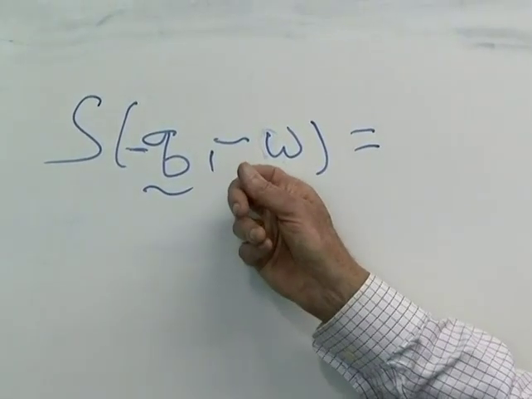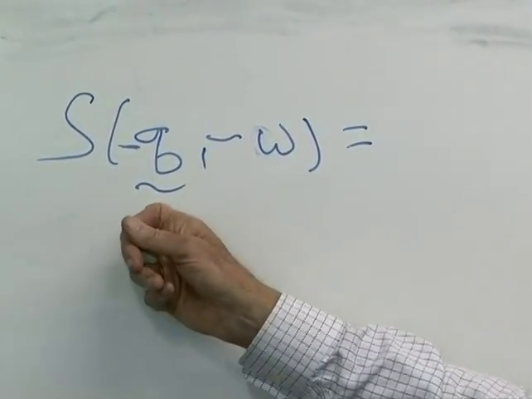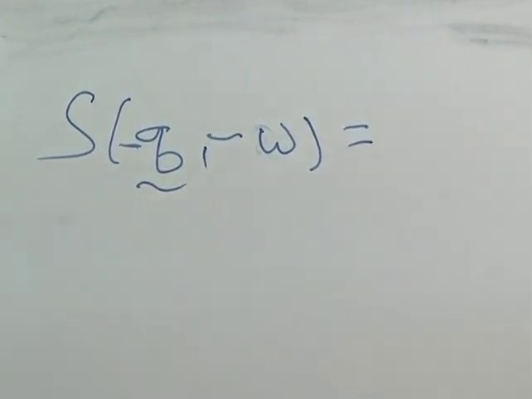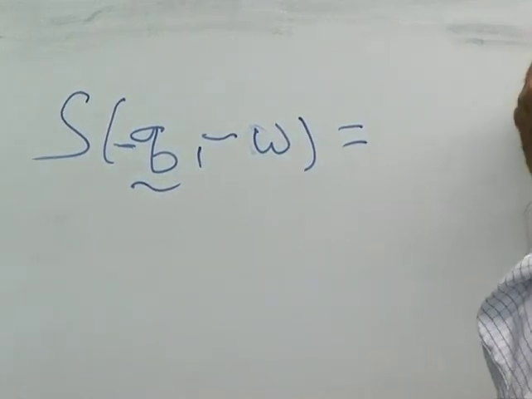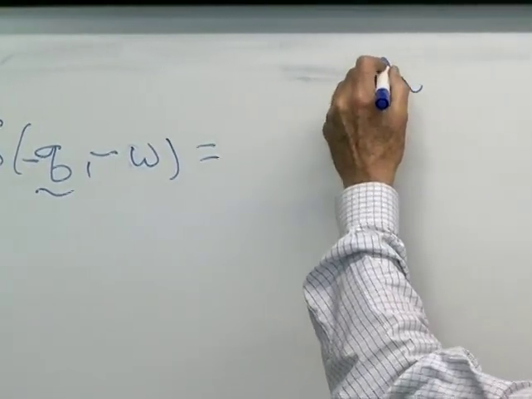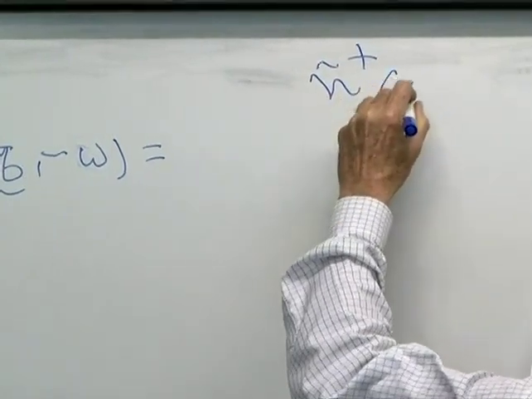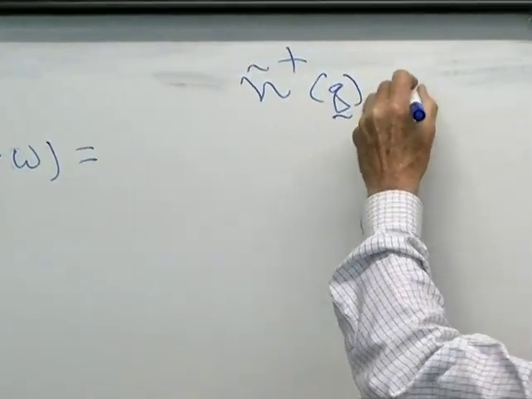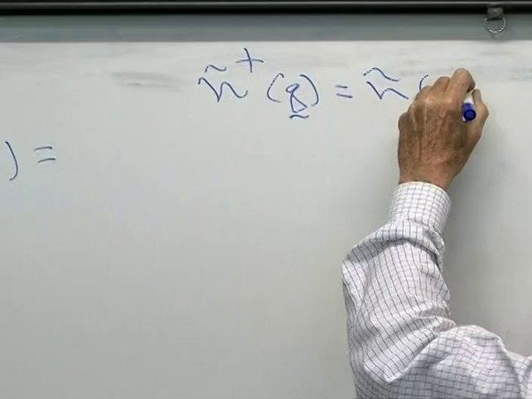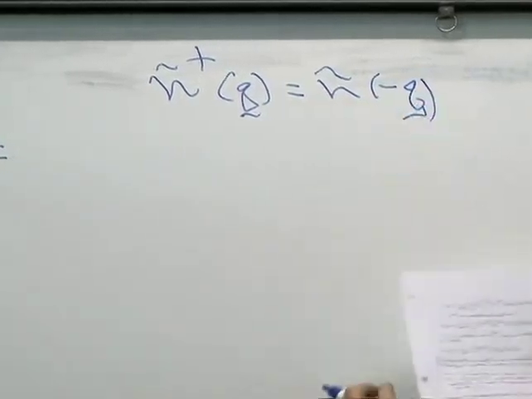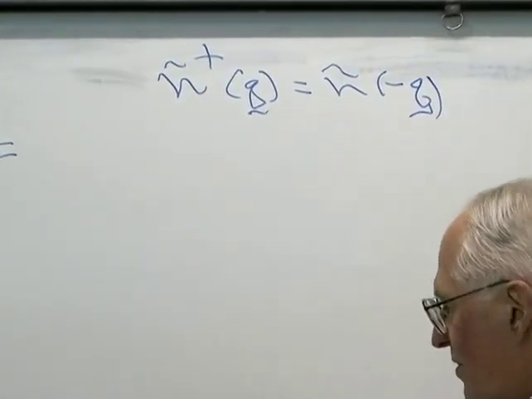I imagine I study S for minus omega and minus Q. Okay? And I'm going to use the fact that N tilde adjoint of Q is N tilde of minus Q. So now I'm just going to use my definitions to write this all out.